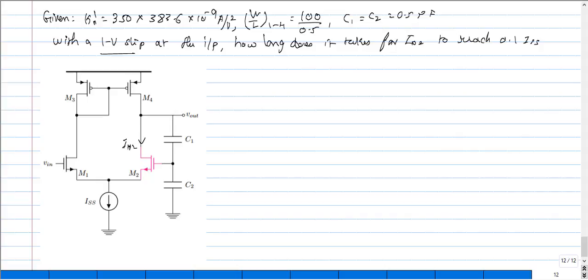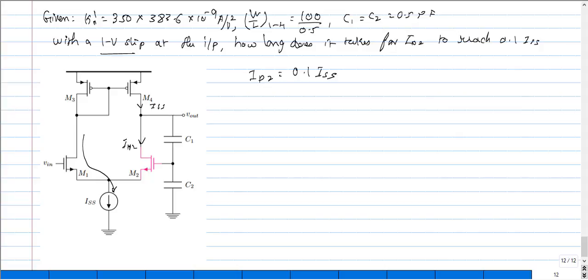Now a simple assumption that I am going to make here is that since ID2 is equal to 0.1 times ISS, it is so small that during slewing I can assume all of the current is going to flow across this, and due to the mirror action, the ISS appears here.